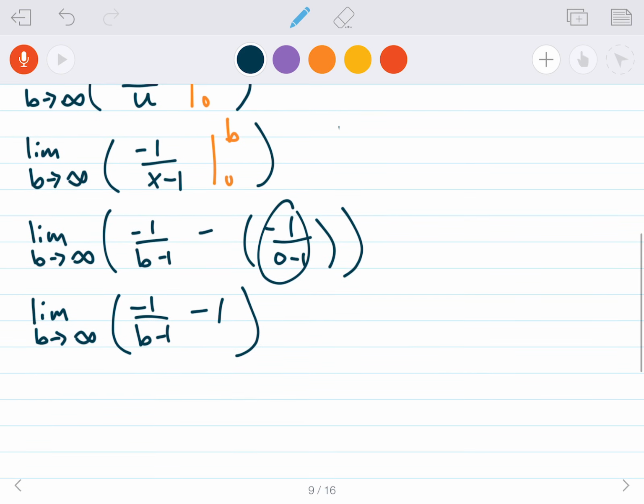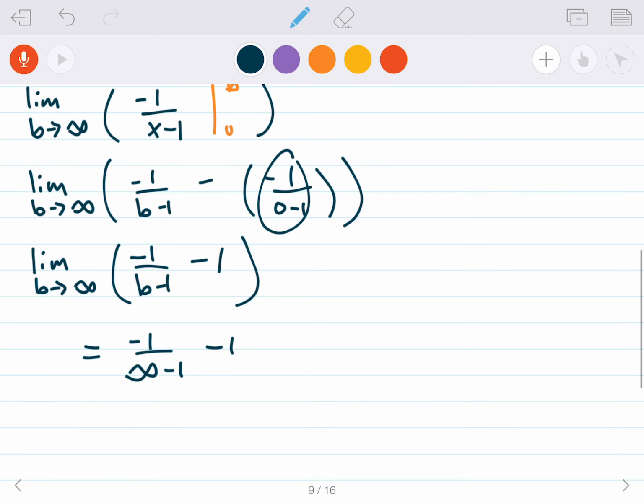All right, finally what we're going to do is plug in infinity for b. And of course, this thing is going to get huge without bound. So this thing goes to 0. 0 minus 1 is going to give us -1.